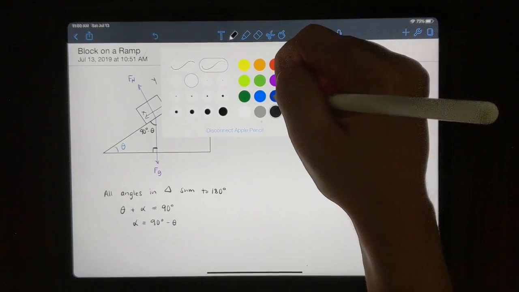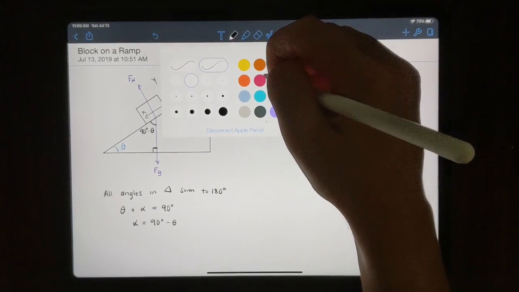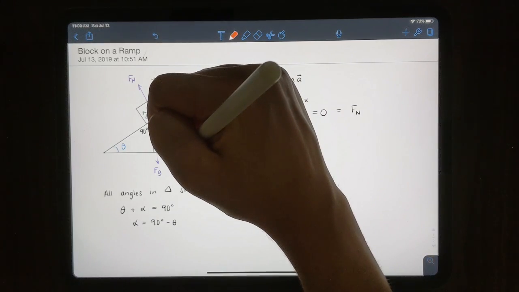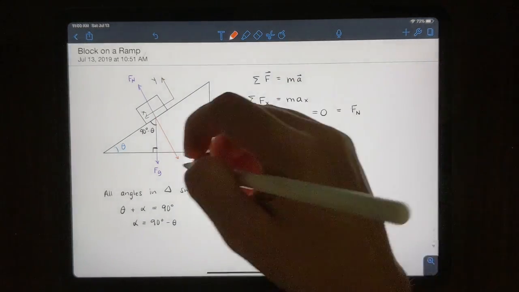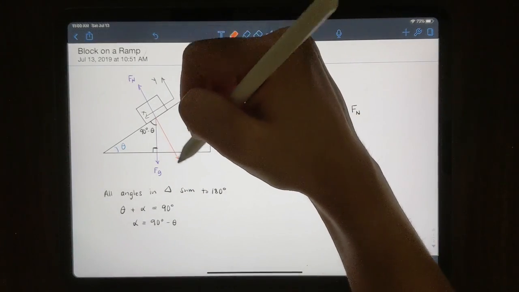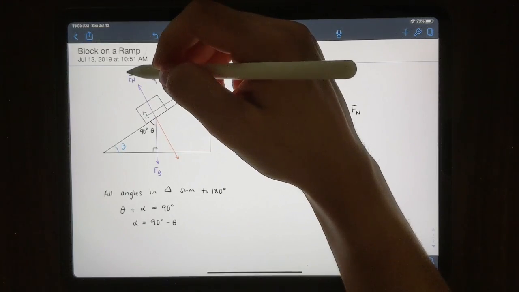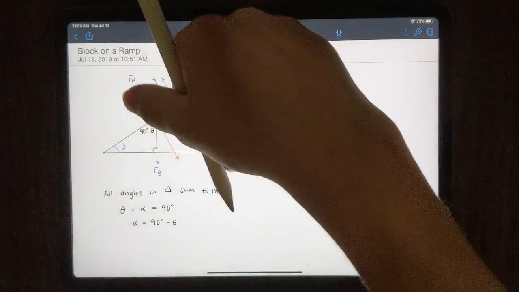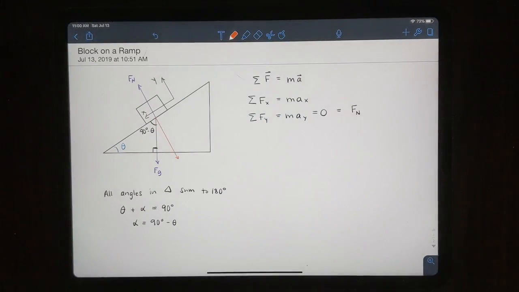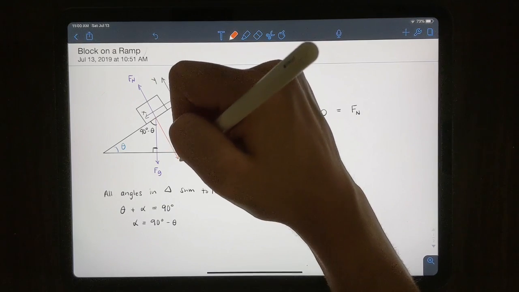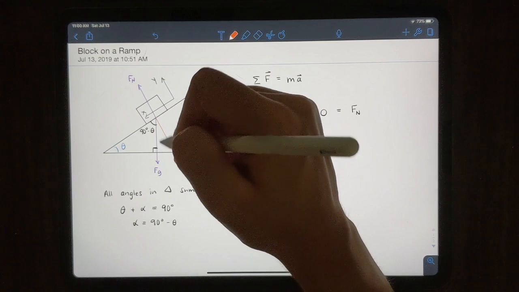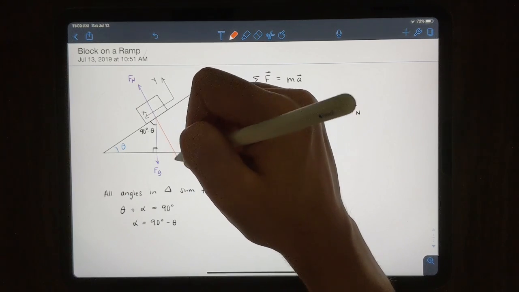Okay. How does that help us? Well, what I can do is continue this y vector. I can pretend like there's a vector here that is parallel to the normal force, but going in the opposite direction, so we call that anti-parallel to the normal force. And this orange vector that I've just drawn is the projection of the gravitational force onto the y-axis.